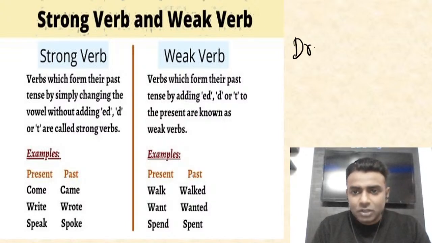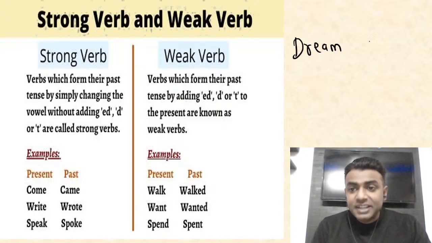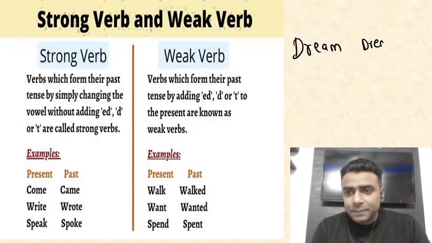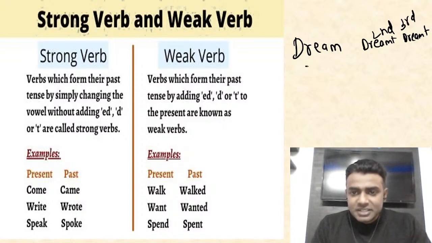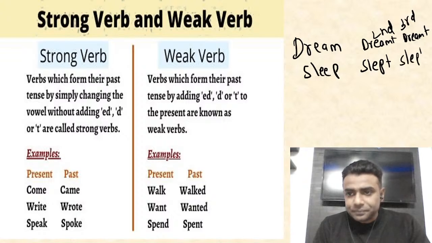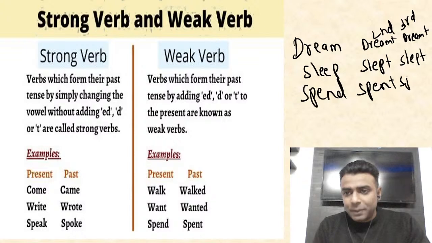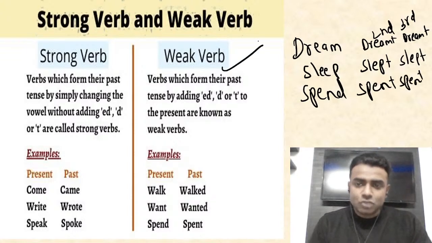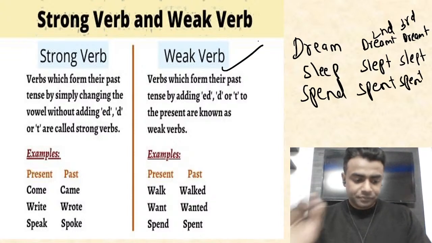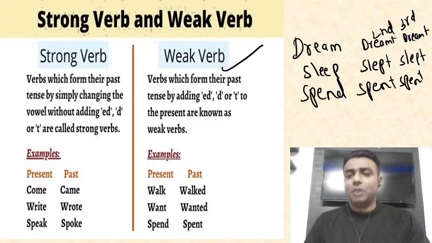Now coming to the verbs ending with T. Dream, dreamt, dreamt. See, the second and third form are not changing. Sleep, slept, slept. Spend, spent, spent. This is how you would explain that weak verbs are those verbs which do not change their second and third form.